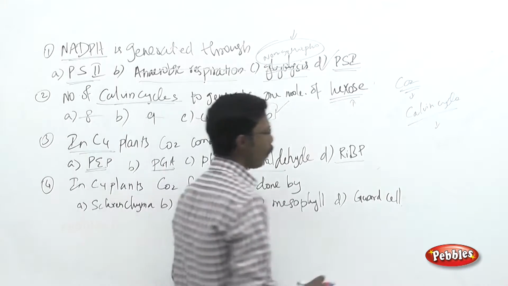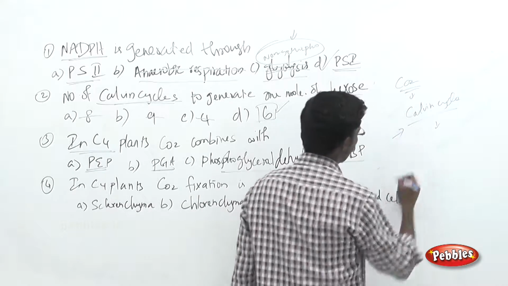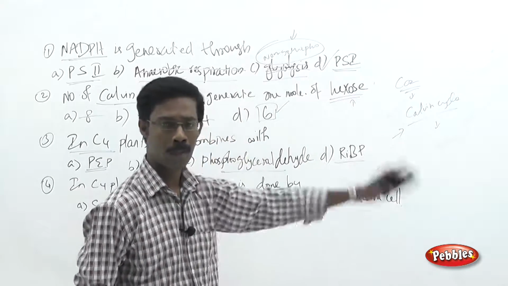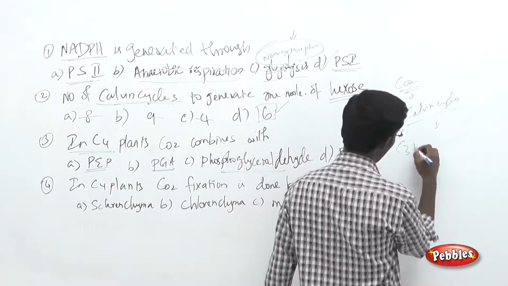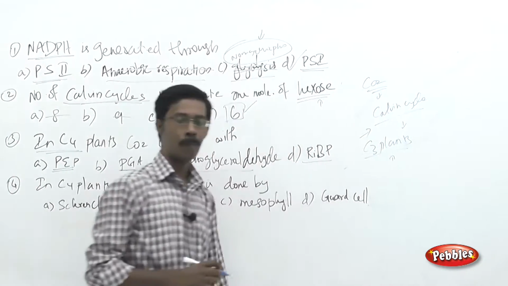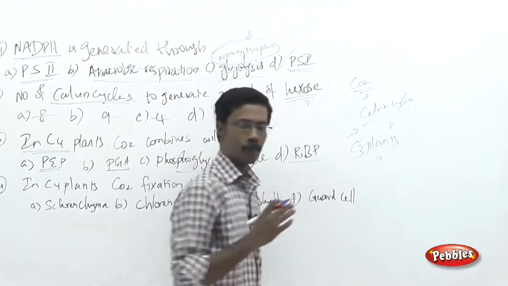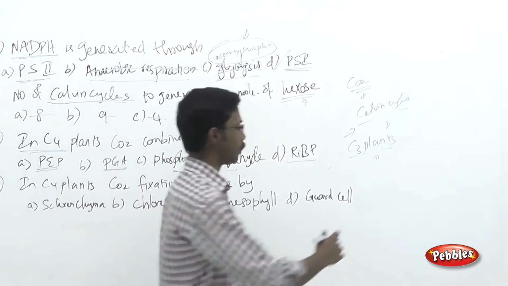Okay, and the point you have to remember here: the plants which perform the Calvin cycle are C3 plants. So why are we calling these C3 plants? As I told you, it is because of the first forming product from the carbon dioxide fixation.